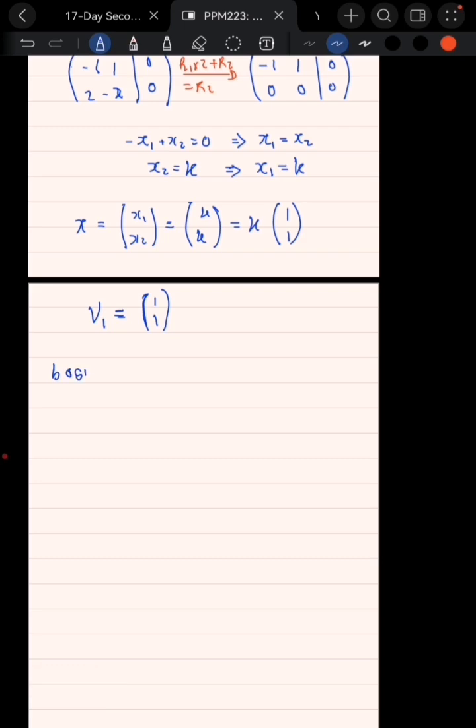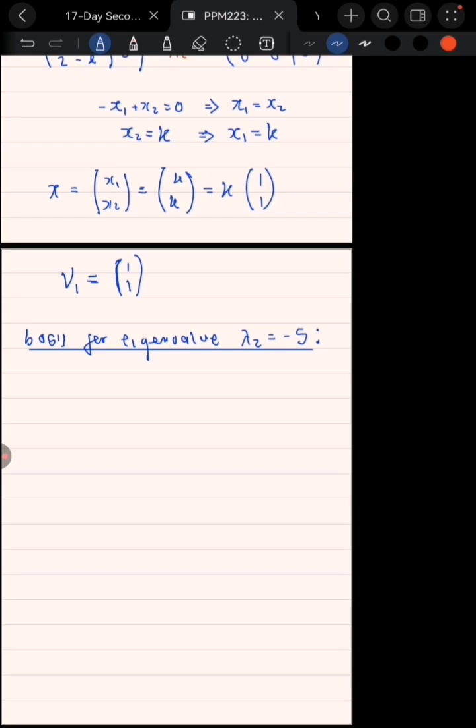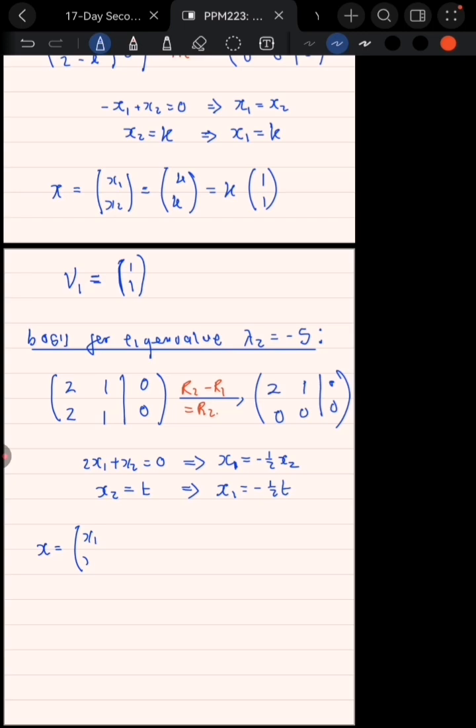Now we are going to find the basis for the eigenspace of lambda 2 equal to minus 5. Applying a similar procedure, x1, x2 will then be equal to minus 1 over 2 t and t.